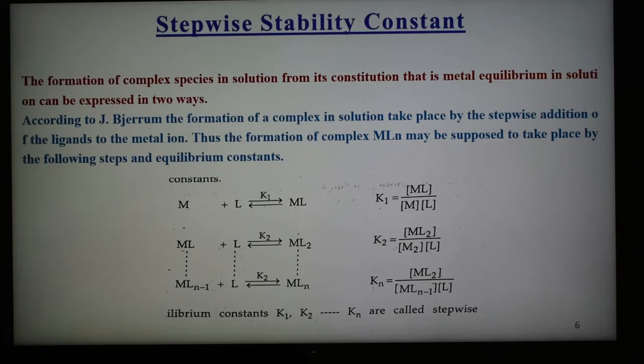First, according to the J theorem, the formation of the complex in solution takes place by stepwise addition of ligand to the metal ion, and the formation of the complex MLn may be supposed to take place by the reactions shown in this slide.